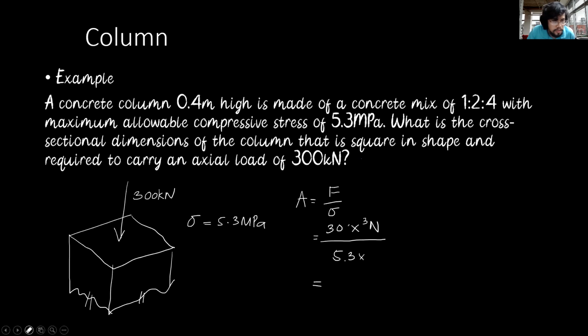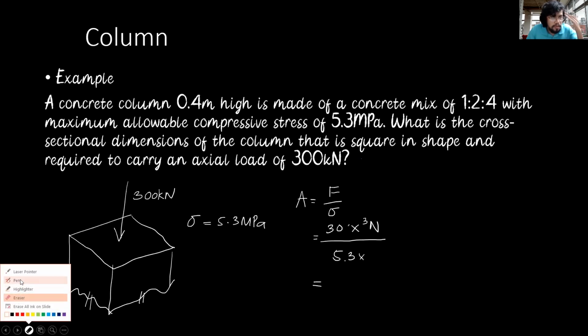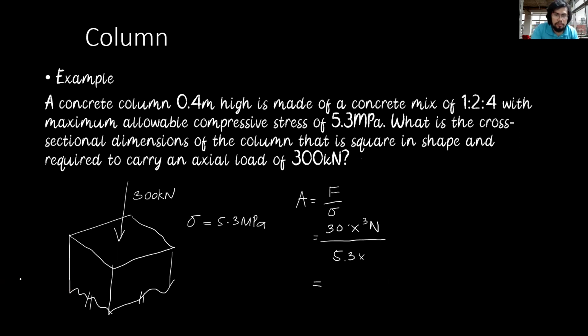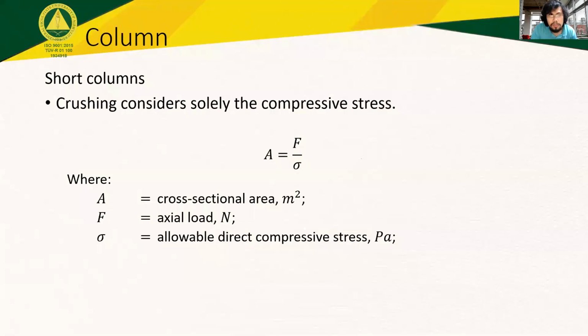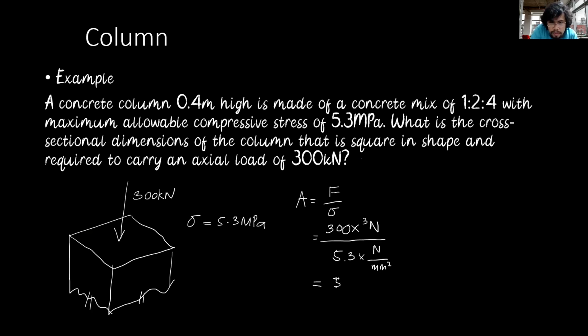Okay, let's try to correct this one. I mean, it's actually correct, but we just want to simplify our solution. This is 300 Newton per mm squared, so that what we'll get eventually is in millimeters squared. And we got a value of 56,604 mm squared, right?